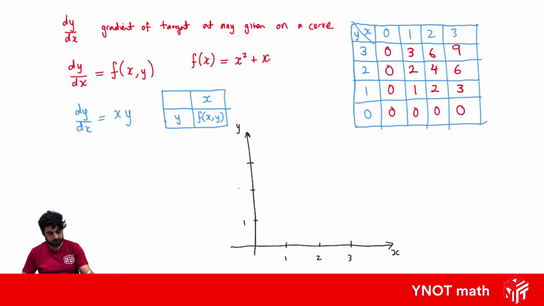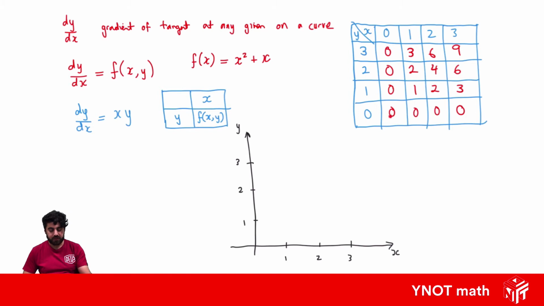Now, what we want to do is show a rough gradient on all of these points. The reason we put these in descending order, hopefully you can see, is that on the y-axis they come in descending order. So this helps us map our gradients a bit easier.